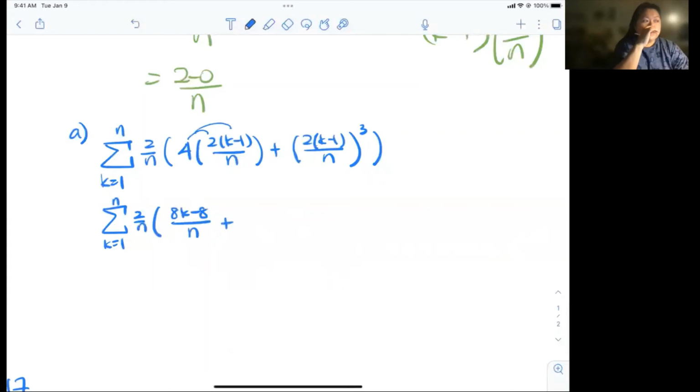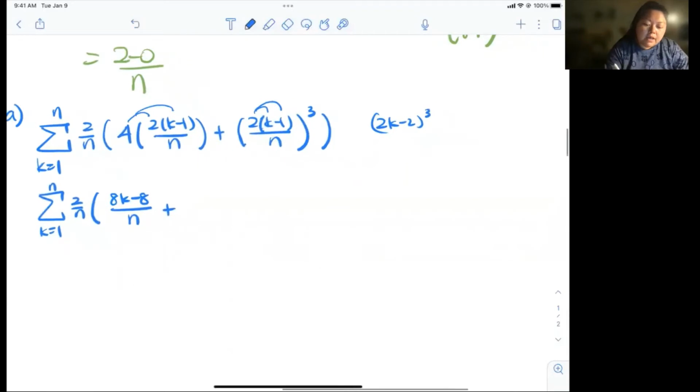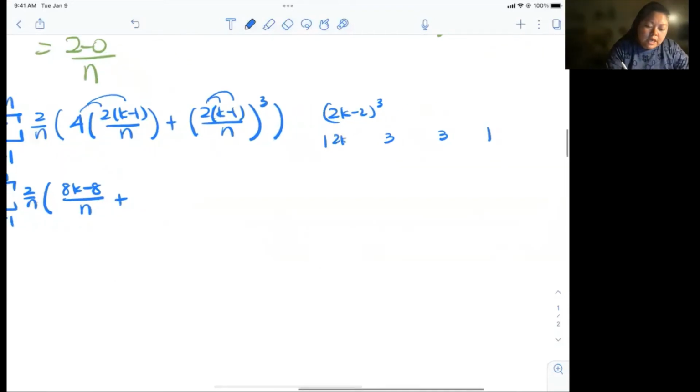Okay, this one's a little bit trickier. You have 2 times k minus 1 and then cube. So essentially you have 2k minus 2, cubed. So I'm going to use my Pascal's triangle here to kind of help me out. It's 1, 3, 3, 1, and that's 2k cubed, 2k squared, 2k, and then negative 2 cubed, negative 2 squared, negative 2 to the 1, all right?